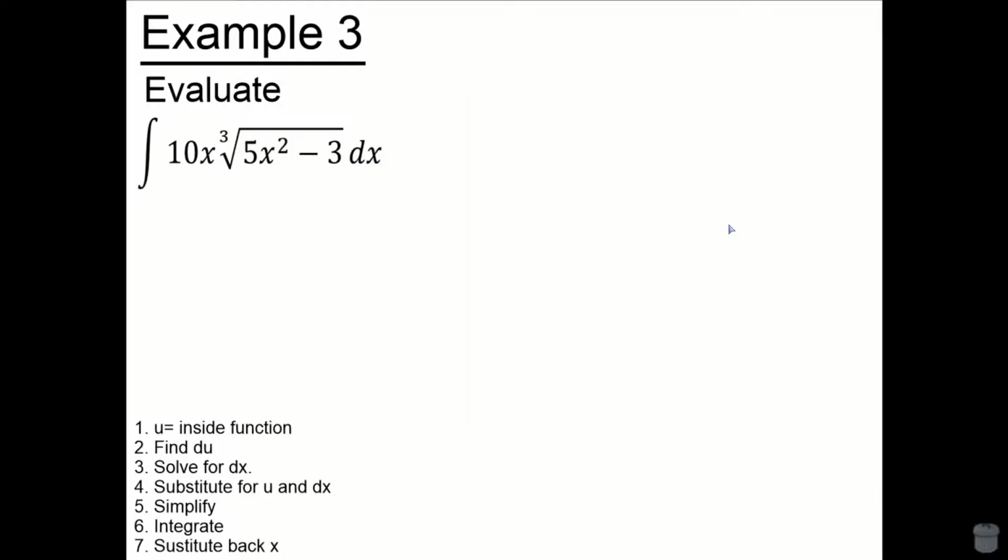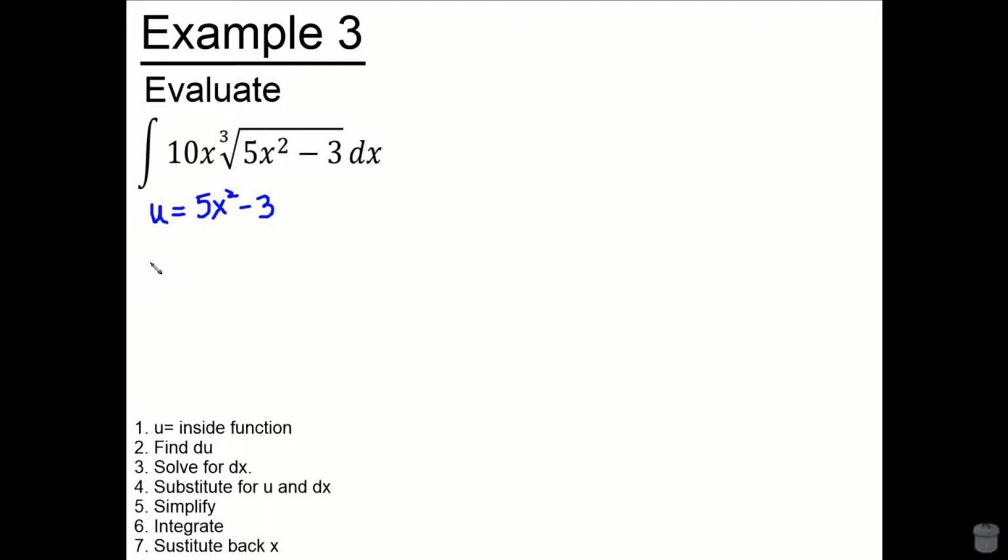Here we have example 3. This is 10x times the cube root of 5x squared minus 3 dx. Again, we want the inside function, so u equals 5x squared minus 3.